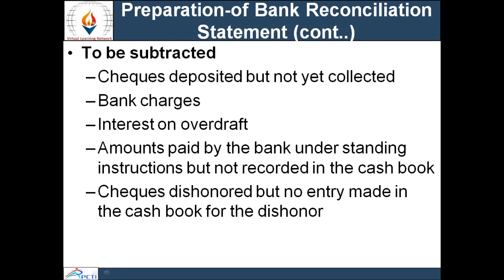To be subtracted: checks deposited but not yet collected, bank charges, interest on overdraft, amounts paid by the bank under standing instruction but not recorded in the cash book, checks dishonored but no entry made in the cash book for the dishonor.